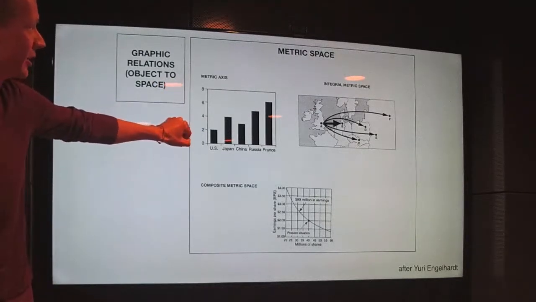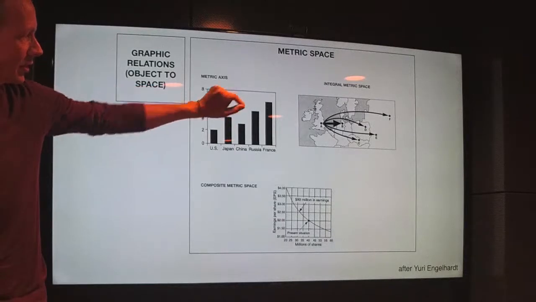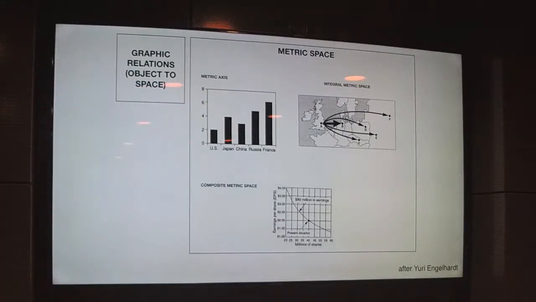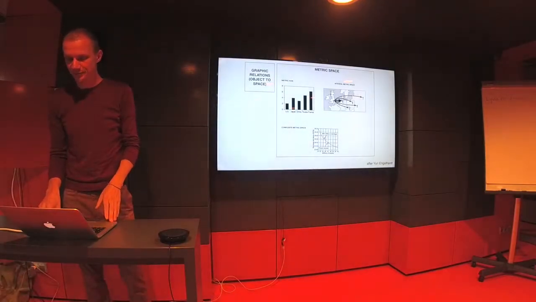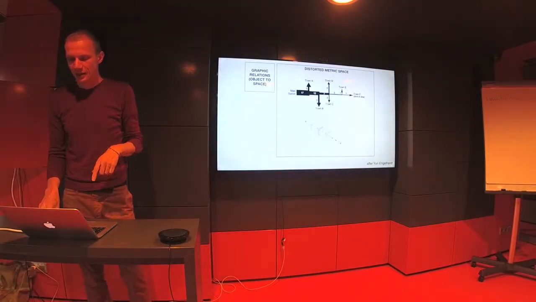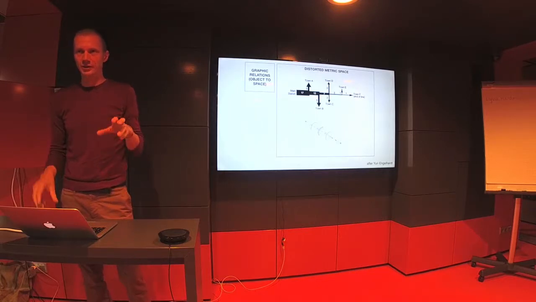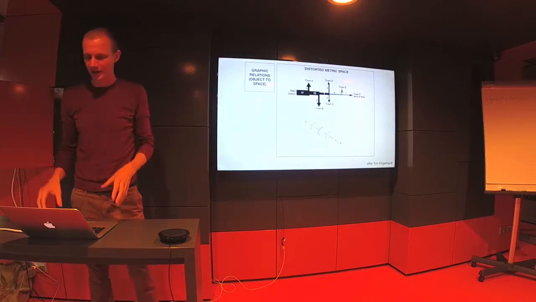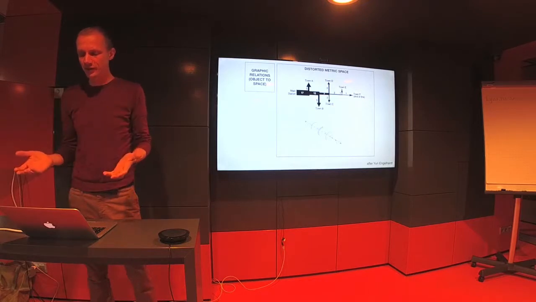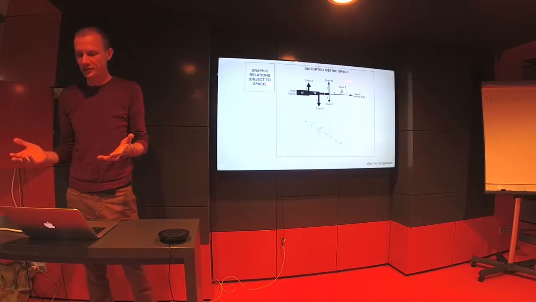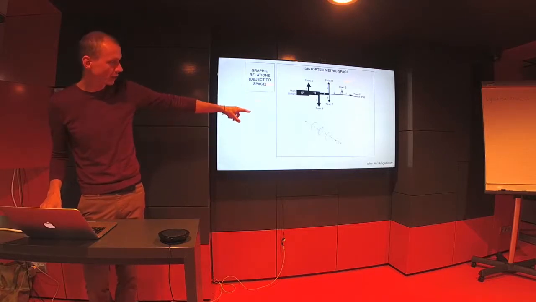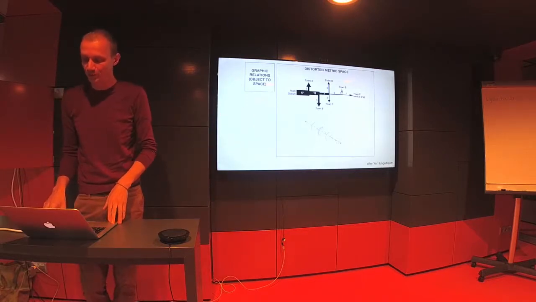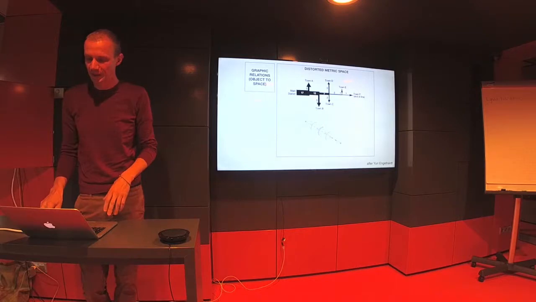This is just a simple metric space, and an integral metric space, which is a geographical layout. And then distorted metric space, which a subway map might qualify as, where it's a geographical representation of something, but not correct, or an exploded view from a drawing.